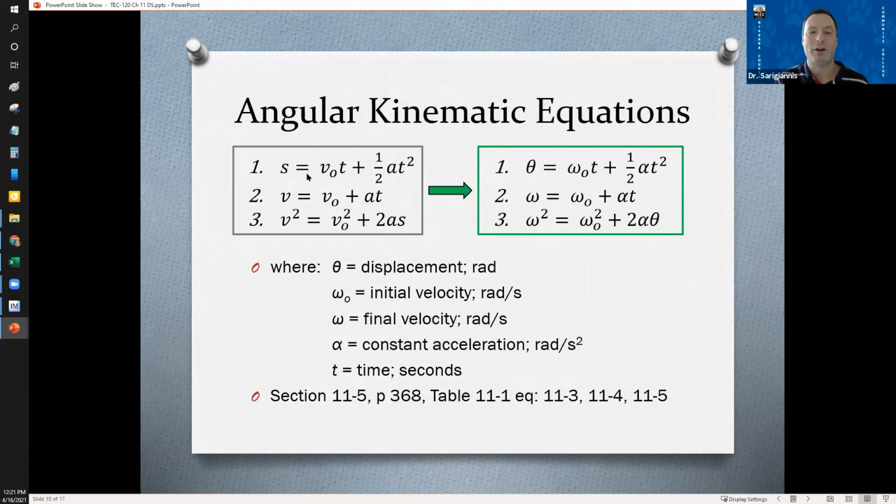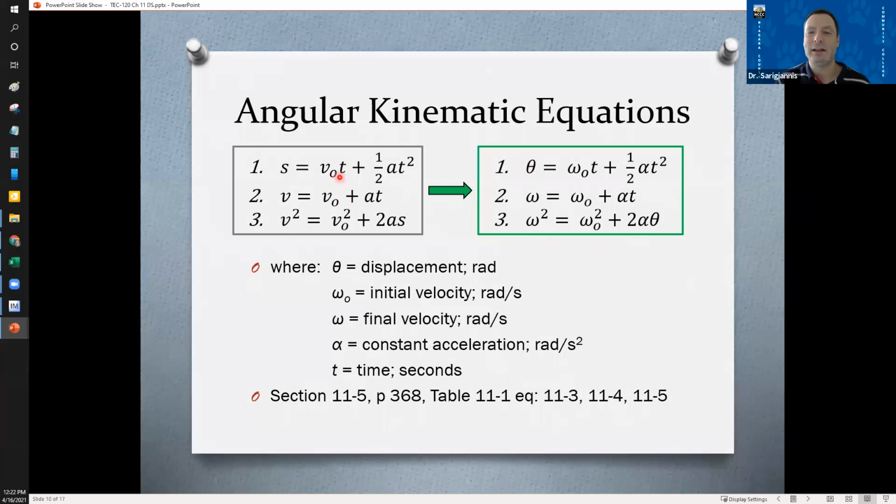So here's the rectilinear form on the left, and here's the angular form on the right. Let's look at each one. We've got displacement in linear is s, and over here it's theta, because we're going around in a circle. So our displacement here is number of degrees, number of rotations, whatever, radians.